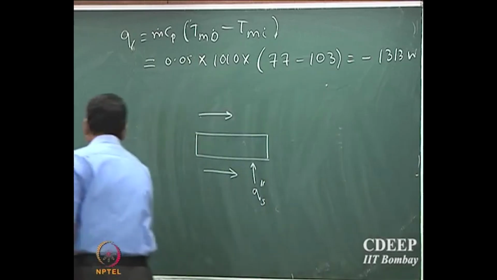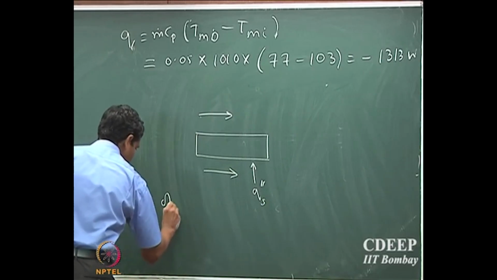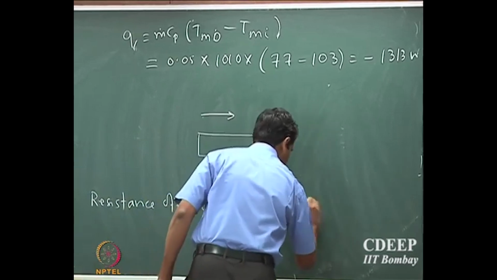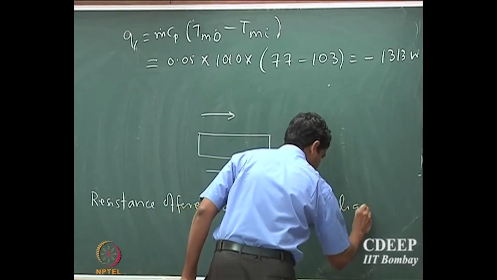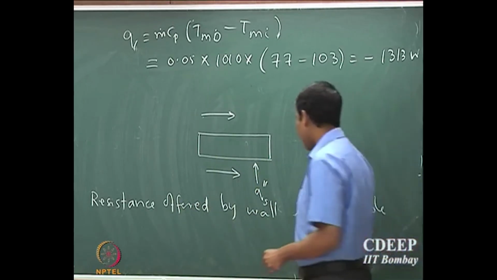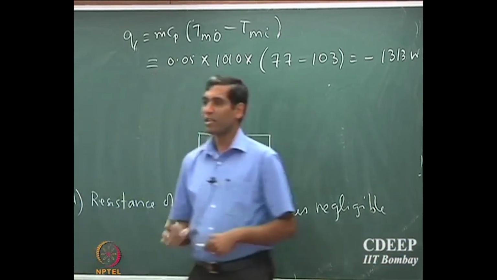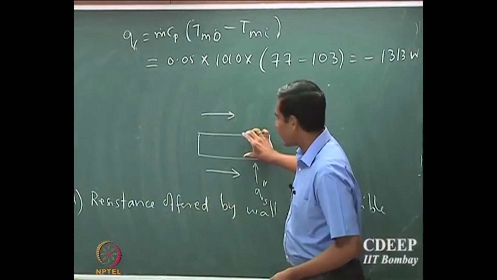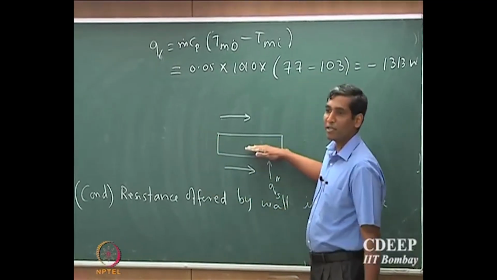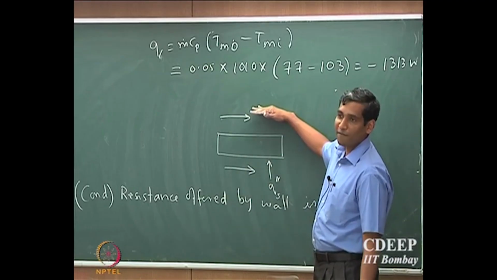So I assume that the resistance offered by the wall for conduction is negligible. This is not a very bad assumption to make, because the thickness of the tube will typically be very small, and the conductivity of the solid is significantly higher than the conductivity of the gas stream or the fluid stream.